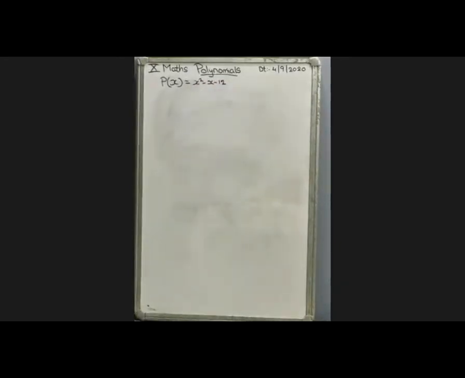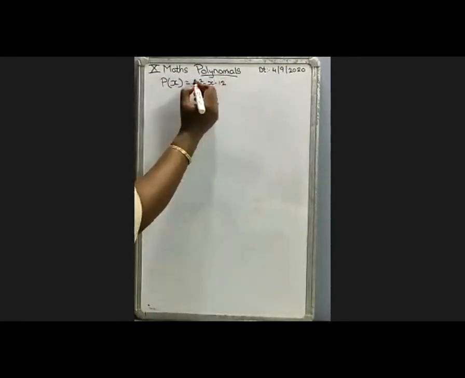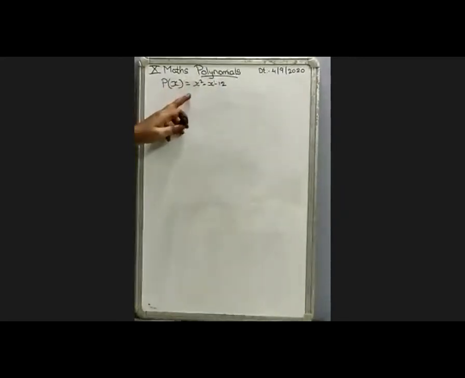See, here x power how much is it? 2. Here x power 1. Where nothing is written, compulsorily 1 is there, so we have to imagine 1 is there. So what is the degree? Highest degree is 2.